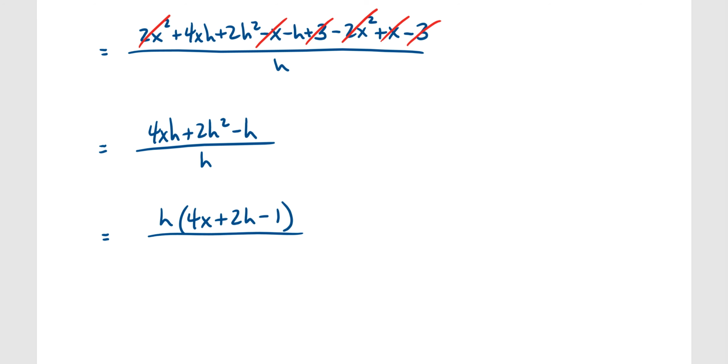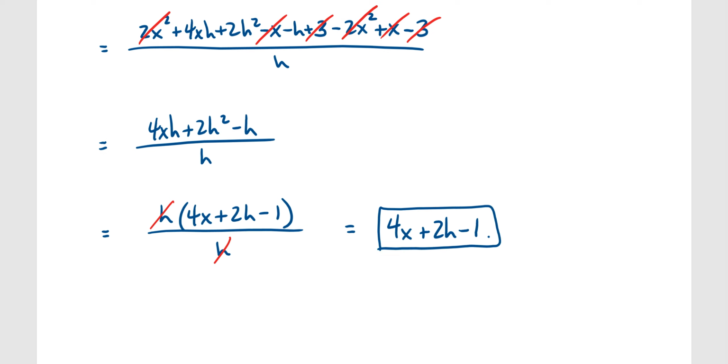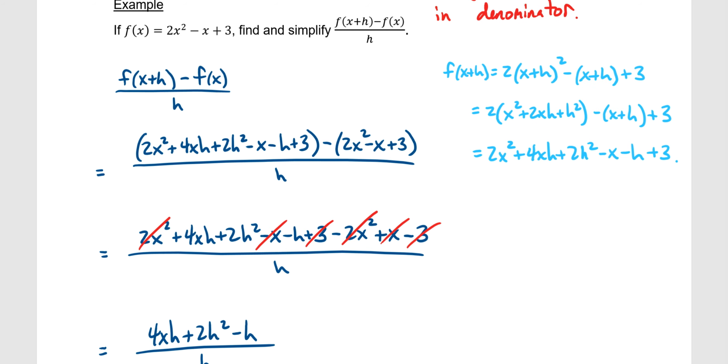So that's just factoring out essentially the greatest common factor. And now the h cancels. So once again, that was actually our main goal, to cancel that h in the denominator. And we're left with 4x plus 2h minus 1. And this is our difference quotient for our function f of x, which was 2x squared minus x plus 3.